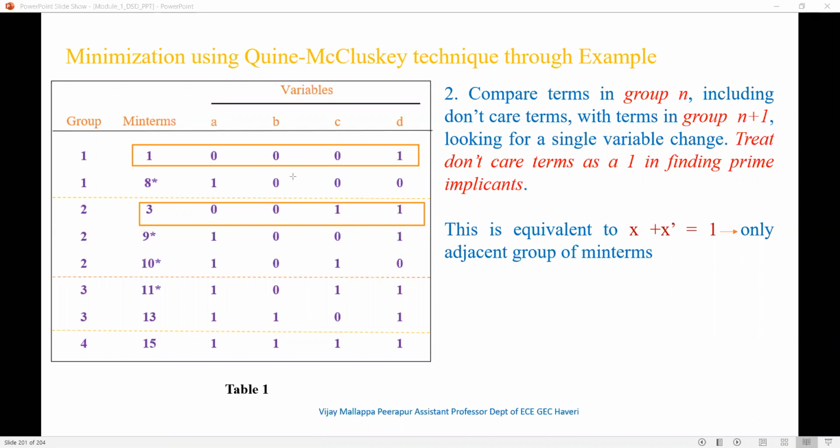So we found that we can group these two minterms 1 and 3, and now see whether we can group 1 and 9. Is there any change between these two?